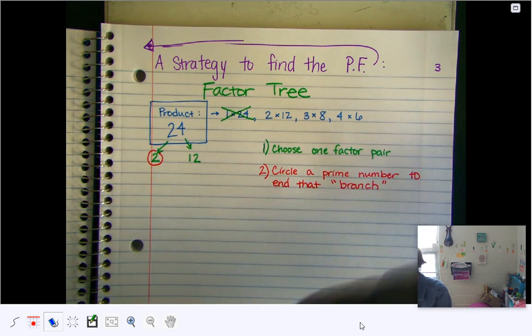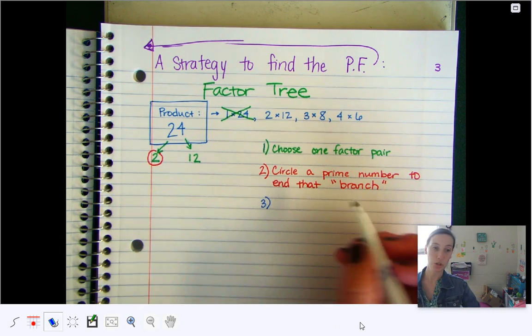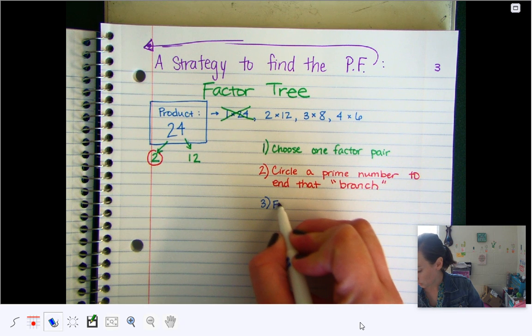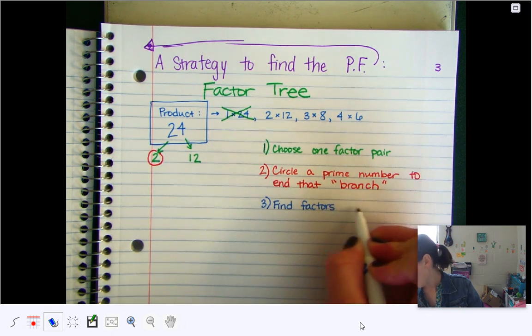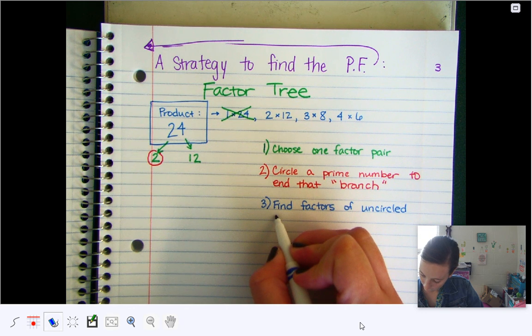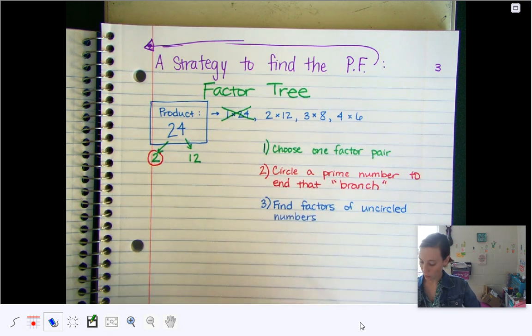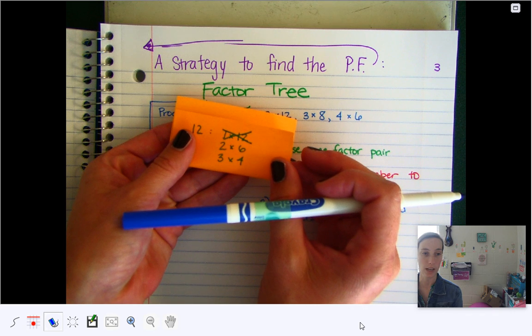Step 3 then is for me to find factors of uncircled numbers. So the factors of 12, some factors of 12 are 1 times 12, 2 times 6, 3 times 4.